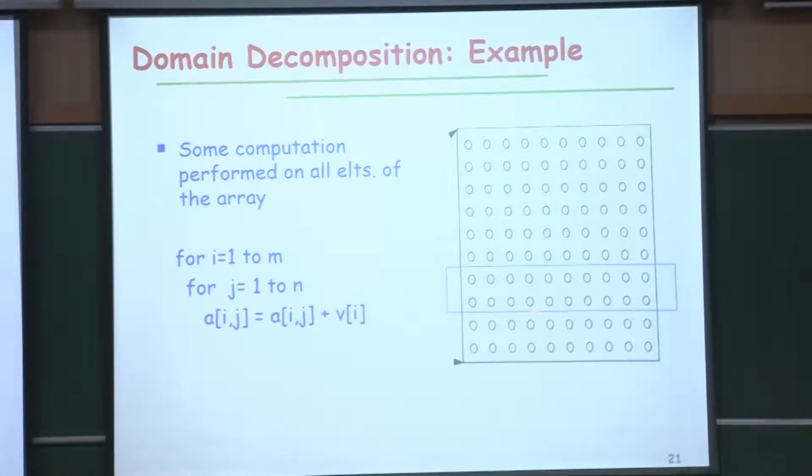For example, these 2 rows are one subdomain, these 2 rows are another subdomain, and so on. I can divide this into 5 subdomains and create 5 tasks in this particular example. Each one of those tasks works on the subdomain of data allocated to it, and performs this computation on that particular subdomain. That is really what I mean by domain decomposition.